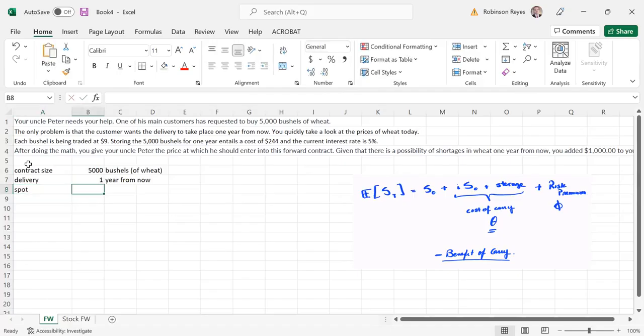Next we have the spot price, and the spot price is basically $9, and that is the price of each bushel of wheat today. Now, if we store 5,000 bushels of wheat for 1 year, you're going to face a cost of $244. This is for the 5,000 bushels, right?